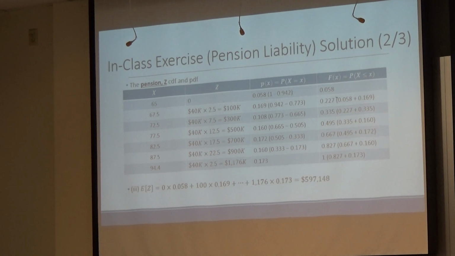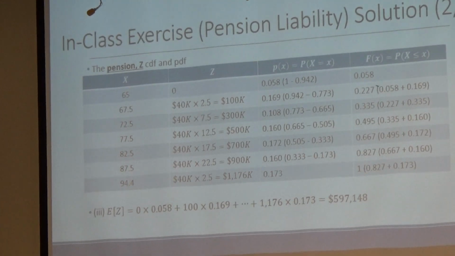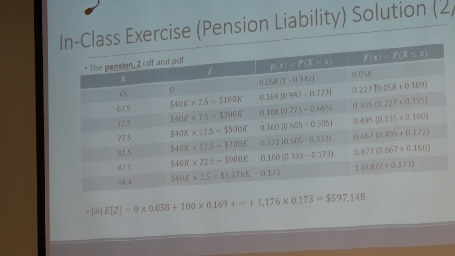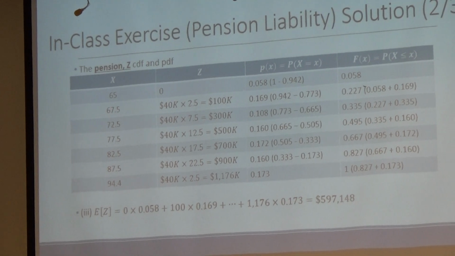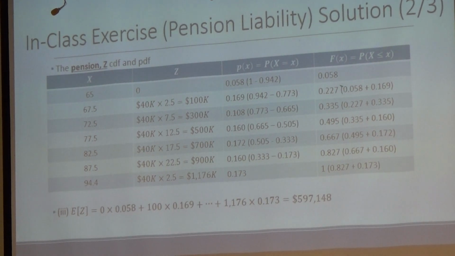It has to pay 40K per year, and it's doing that for 2.5 years. If I die at 72.5, the company has to pay out 40 per year, and it's doing that for 7.5 years. So here, these are the ages I die. The function of the age I die is how much money the company is paying out.